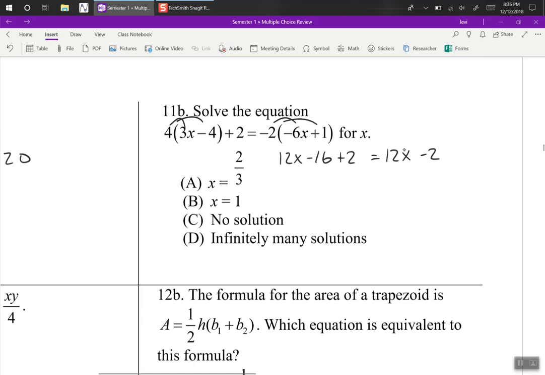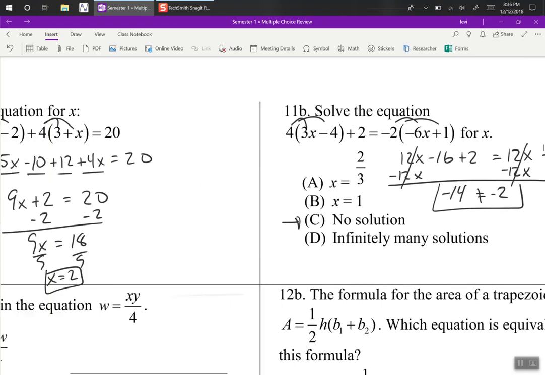Let's try and get our x's on the same side. So we say, let's subtract 12x, and now what happens to those x's? They go away on both sides, and -16 plus 2 makes -14, but -14 does not equal -2, which is on the other side, so that's a no. So what happens when we have something like that? That means we have no solutions here. No solutions.